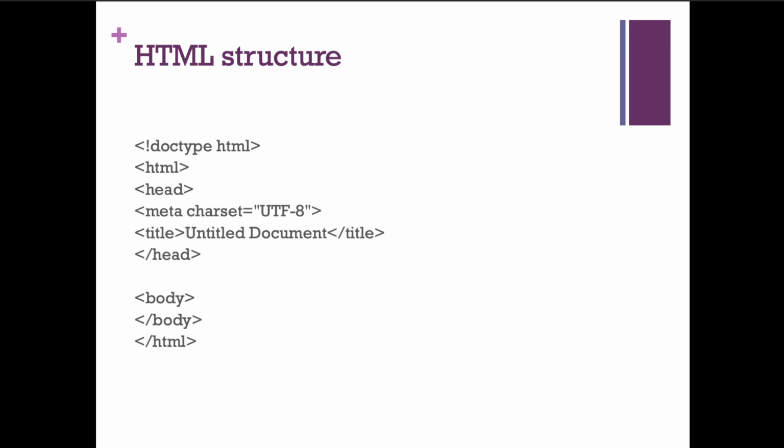So here is a full structure of a blank HTML document. I'm saying blank, which means there is no content in it. In my previous PowerPoint slide, I said HTML is a separation of information and style. So you may expect that there's got to be some information in it, some style in it.